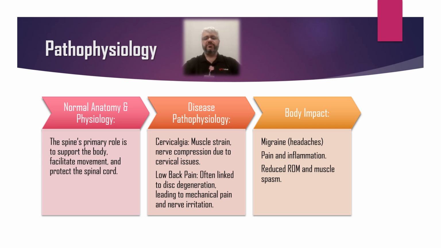Low back pain is often due to disc degeneration, which can lead to nerve compression and biomechanical imbalance. This pathophysiology affects the patient's body in three main ways. He experiences migraine headaches, pain and inflammation in his back, and his mobility is significantly reduced due to muscle spasm and tightness.